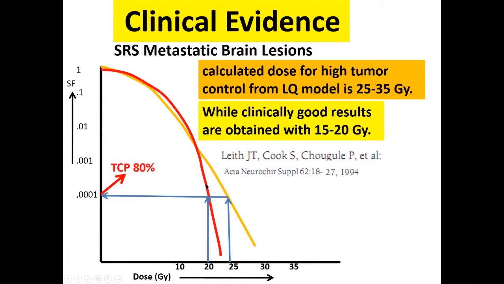And this can only be done if there is a greater number of tumor cell kill than predicted from the linear quadratic model. So this means that the third process of cell kill also contributes, and we have already discussed there is enough evidence of vascular damage ultimately resulting in cell kill.